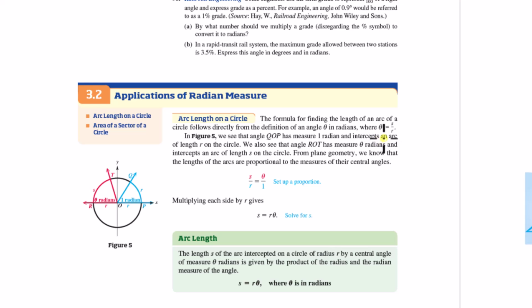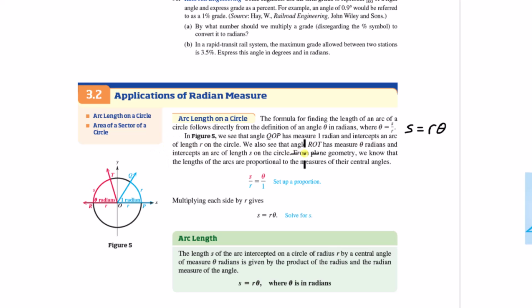So what they're saying here is that if you want to find the arc length of a circle, just come back to the definition of radians. The arc length of a circle is r theta, where theta is in radians. So in figure 5, we see that angle QOP has measure 1 radian and intercepts an arc of length r on the circle.